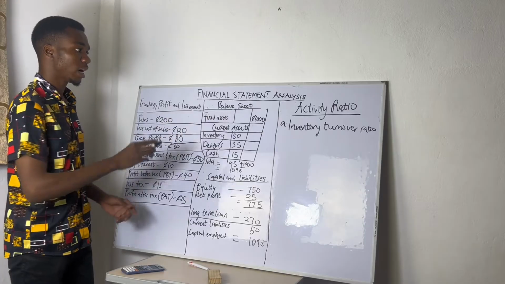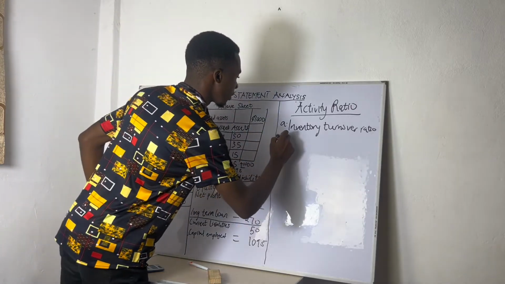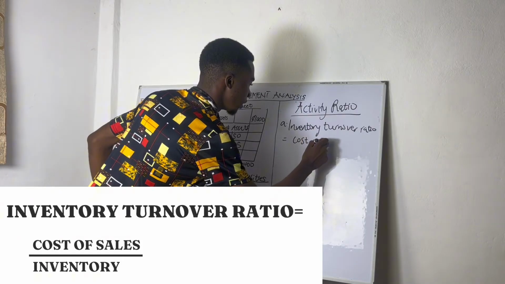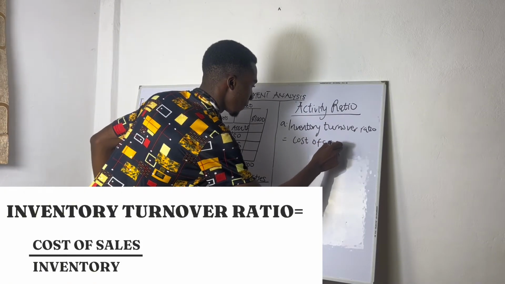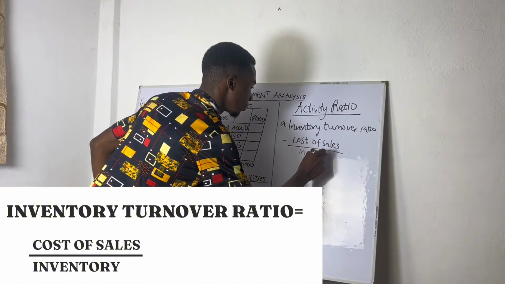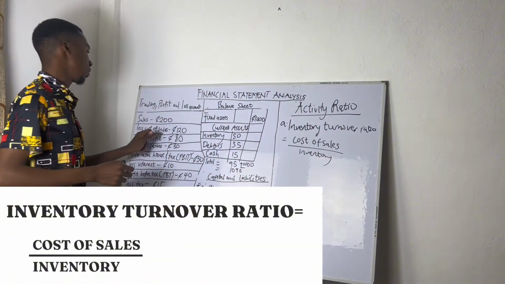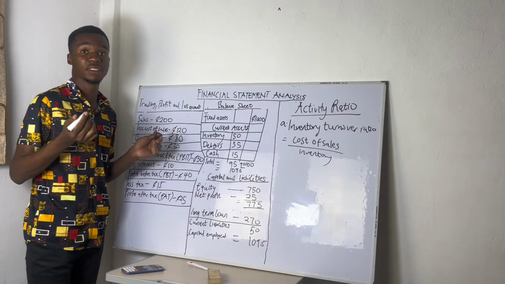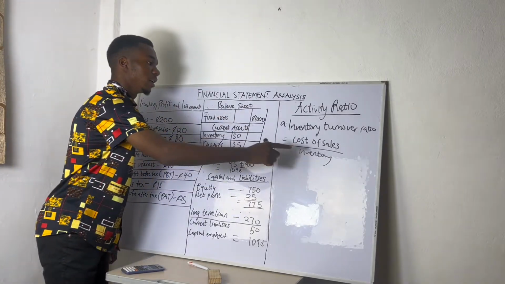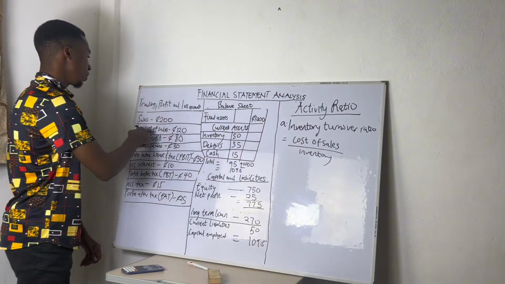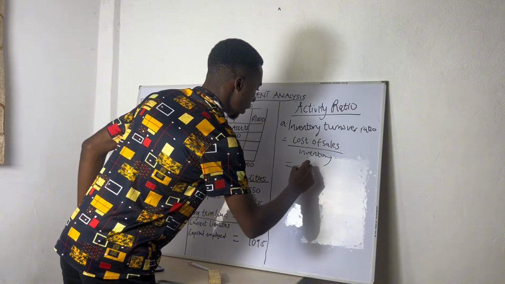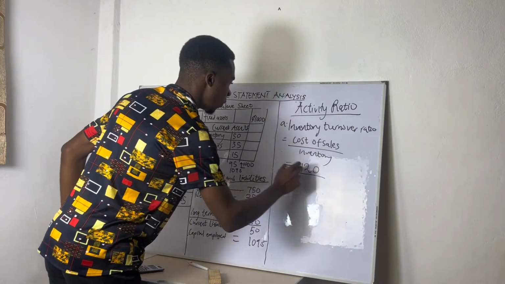And the formula for that one is cost of sales over inventory. The cost of sales is what you see here, or less cost of sales is the same. In the question, they gave us the cost of sales, which was 120, over inventory.